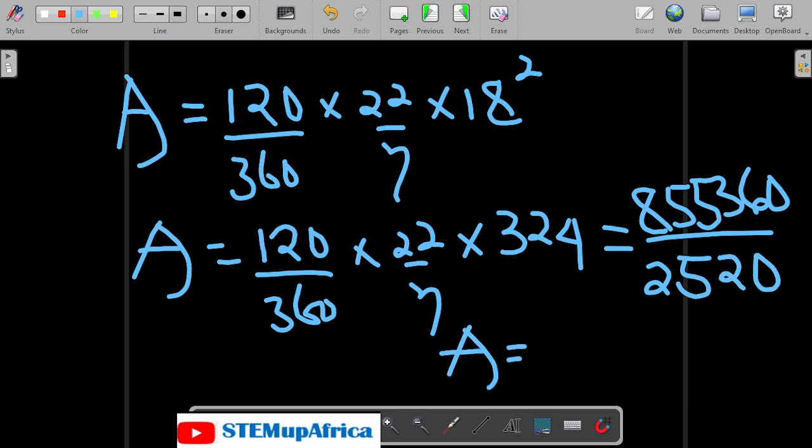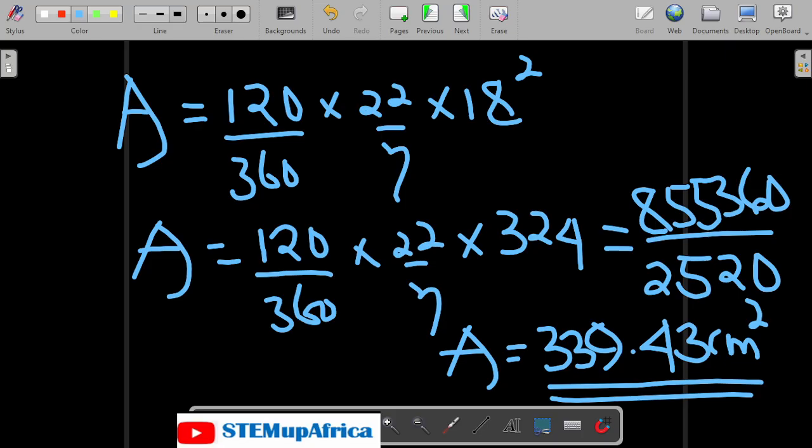So the area is now what? That will give us 339.43 centimeter square. This is the area of the sector.